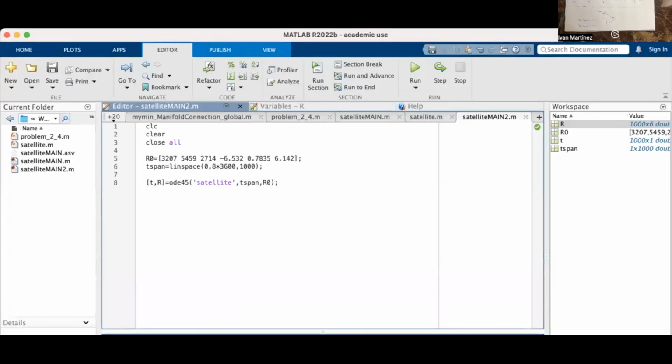What do we get? The Earth is here. That means the satellite passes very close here, and this is very far. So this is what's called the periapsis, and this is the apoapsis. The periapsis is the closest distance to the Earth, and the apoapsis is the farthest distance to the Earth.